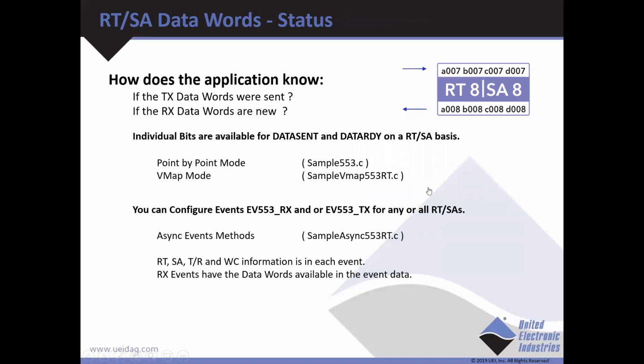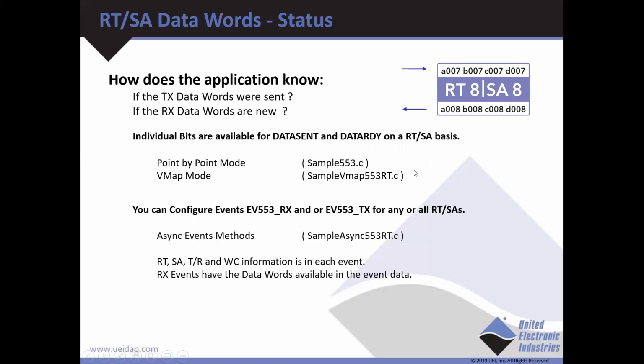But how does the application know if the data in transmit memory was sent or if the data in the receive memory is new? Well, there are 2 techniques. There are individual bits available, data sent and data ready on an RTSA basis. So every RTSA will have its own status, and there's different techniques to read that.